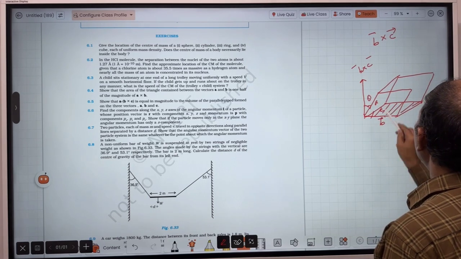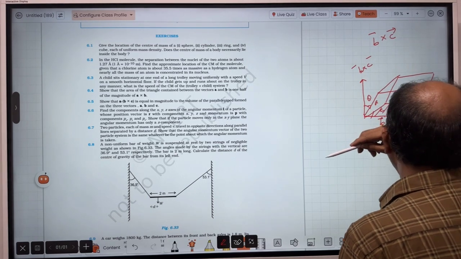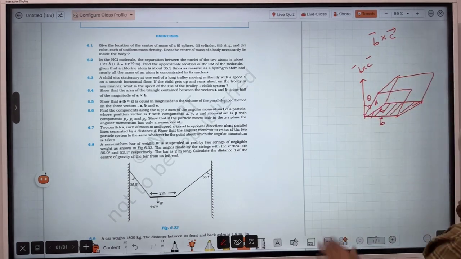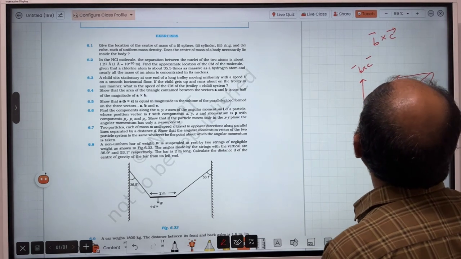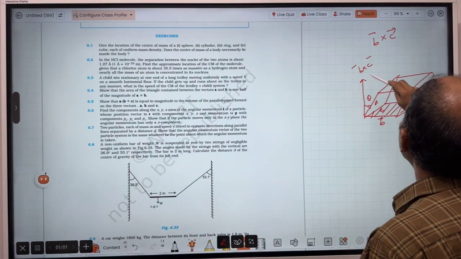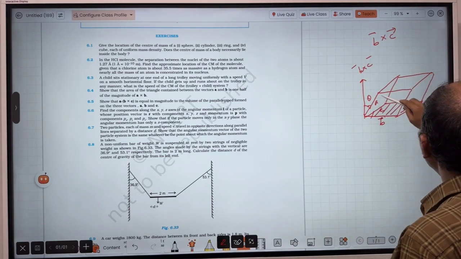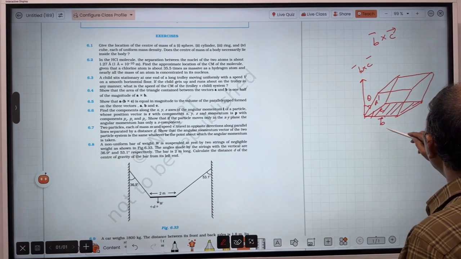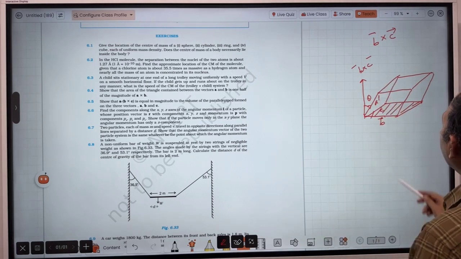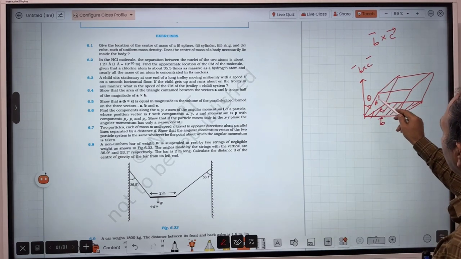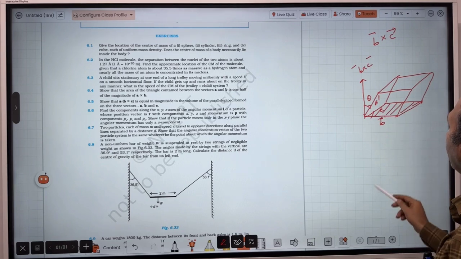Suppose this angle is theta. So we can find the volume of this parallelepiped. We need the perpendicular distance, and that will be the height, with BC as the base. So A cos theta, because theta is here, so this height will be A cos theta.